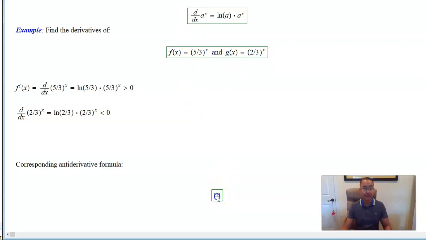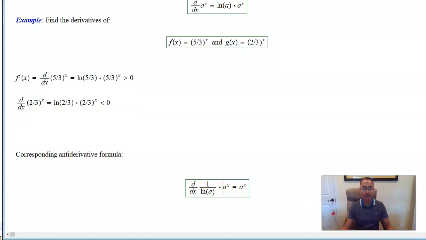So if you multiply both sides by 1 over ln of a, then the right side will now be by itself, and the ln of a will be on the left as a reciprocal. Again, that's just a constant, so there's no product rule to worry about.